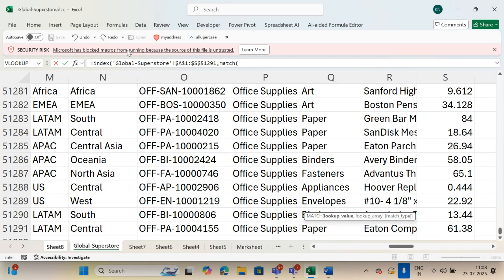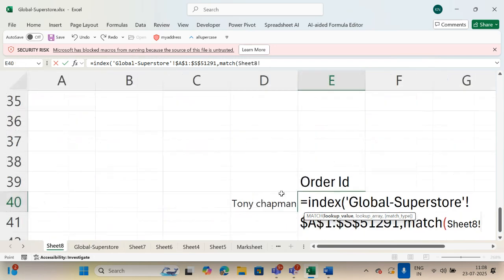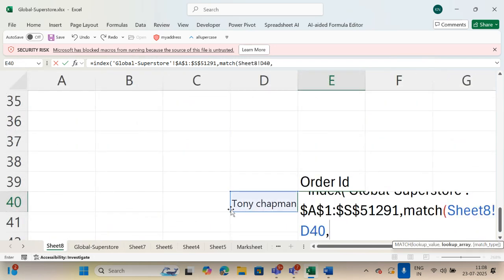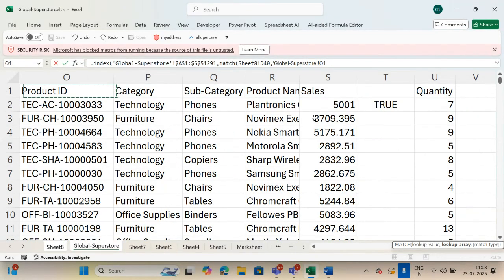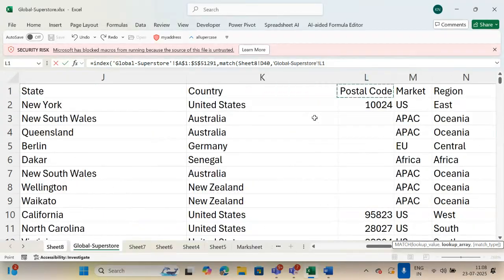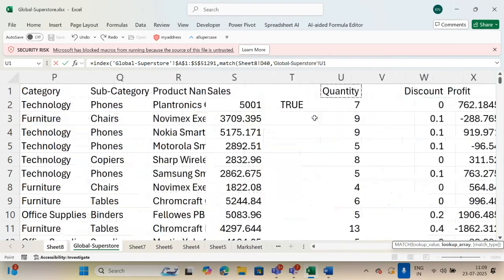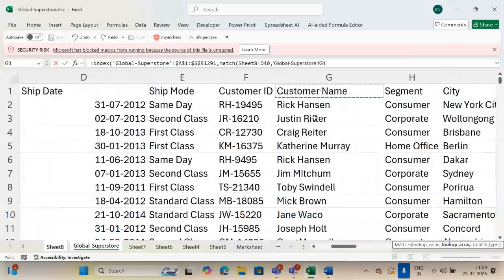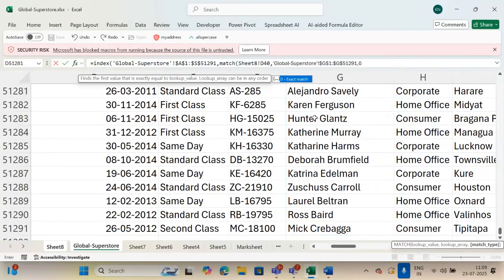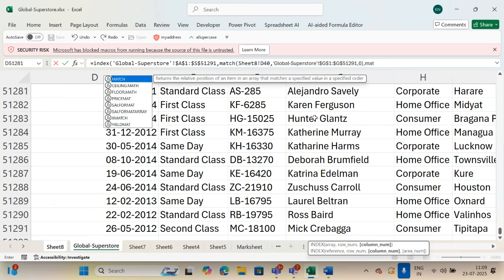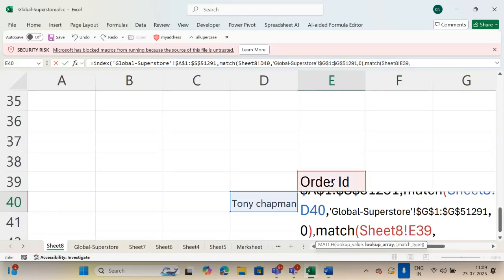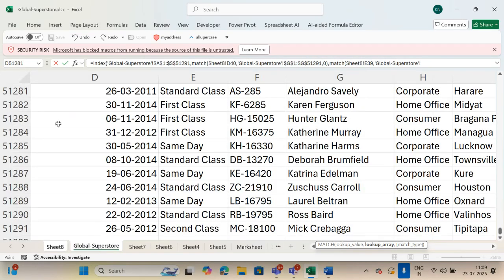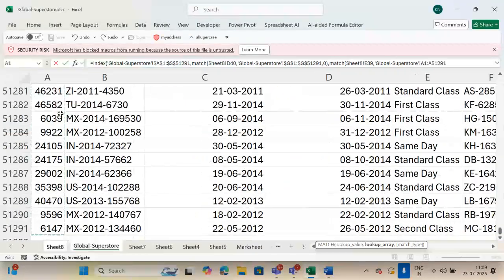Under the MATCH, when you have taken D40, then comma, the D40 range should be there. And what is the D40 range? That is the name range. Here is the customer name. This one is the G range, comma 0. This is the one thing. Then again MATCH because I want order ID. So order ID, comma, then the order ID range. And what is the order ID range? This one is the order ID range, comma 0, bracket close, enter.